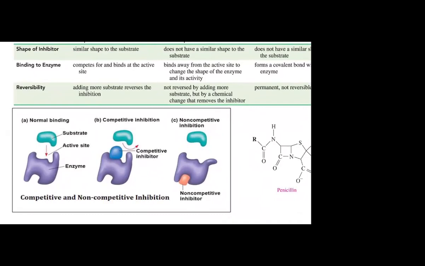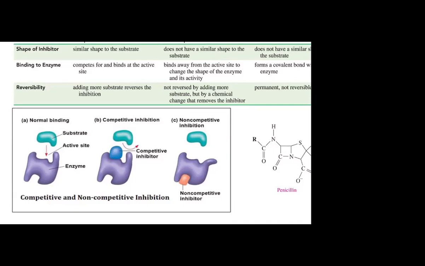Understand that with competitive inhibitors, we are looking at interactions that are just happening in the active site. So the inhibitor really doesn't bind chemically, meaning it doesn't form a covalent bond to the active site. That's why if you add more of the natural substrate, you can compete it out.